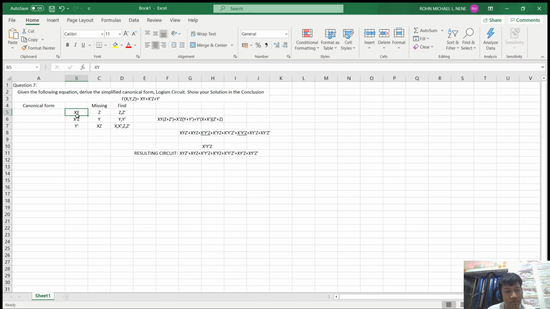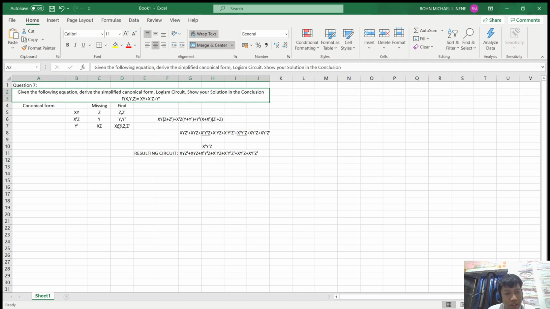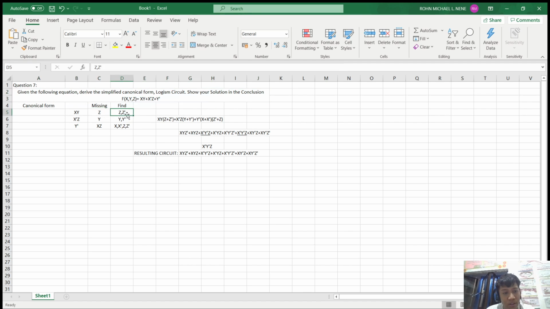From the given equation, we are missing z', I mean z, y, and xz, which are not present in the given equation. And then from the given, we can find z and z', and then y and y', and then x', z, and z'.